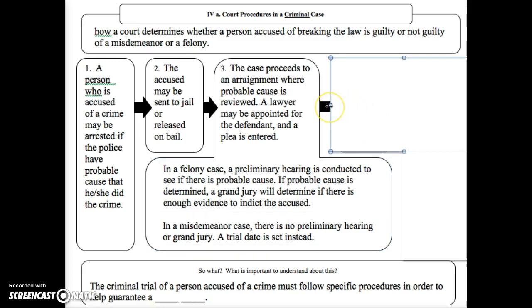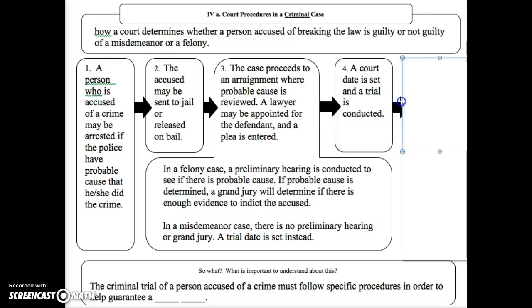This brings us to the fourth step. Now, the fourth step is that a court date is set and a trial is conducted. Please fill in court date and trial. Now, depending on the situation, although this is one of the faster steps we have here, this can be a lengthy endeavor.